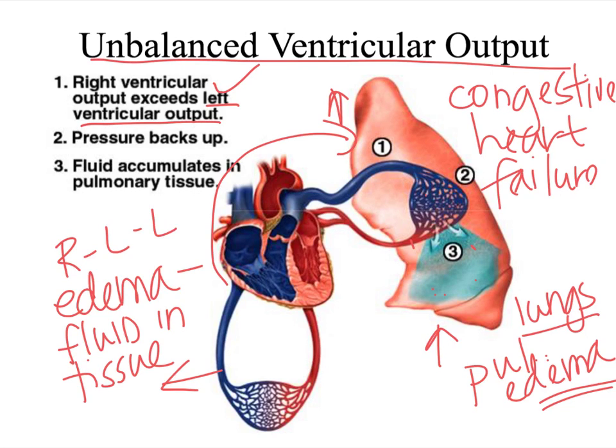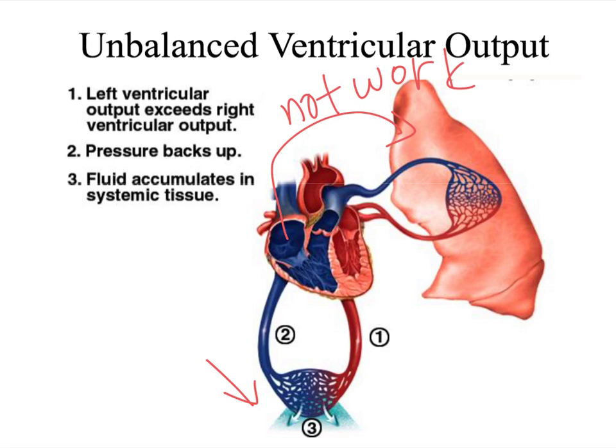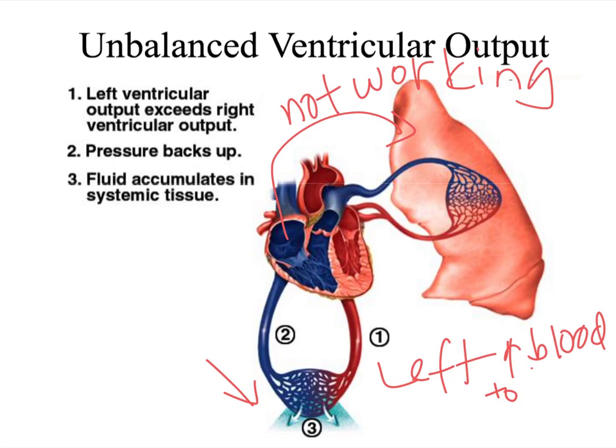And it can happen on the other side. The right side can't keep up. So the right side's not working, but the left side is. So you're getting an increase of blood to the body, and you're getting less blood to the lungs.